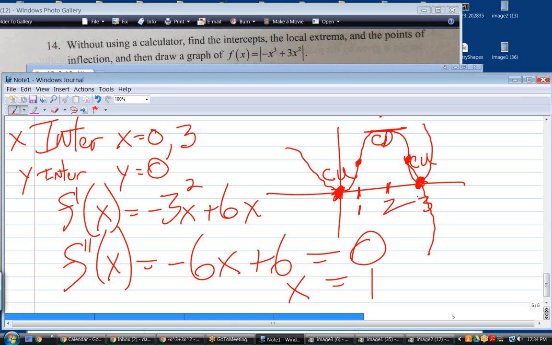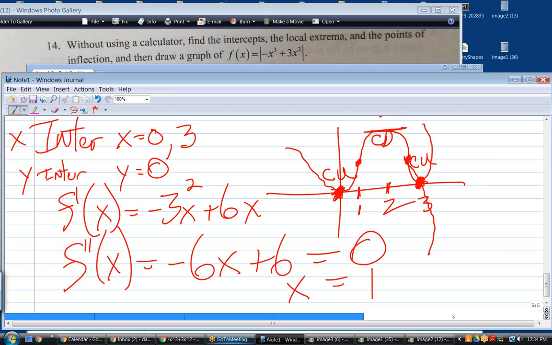Now, whether that is a point of inflection or not, I'm not sure. We might have a point of inflection at 3 also. It's not that the second derivative is equal to 0 at 3. It's that the second derivative is not defined at 3.